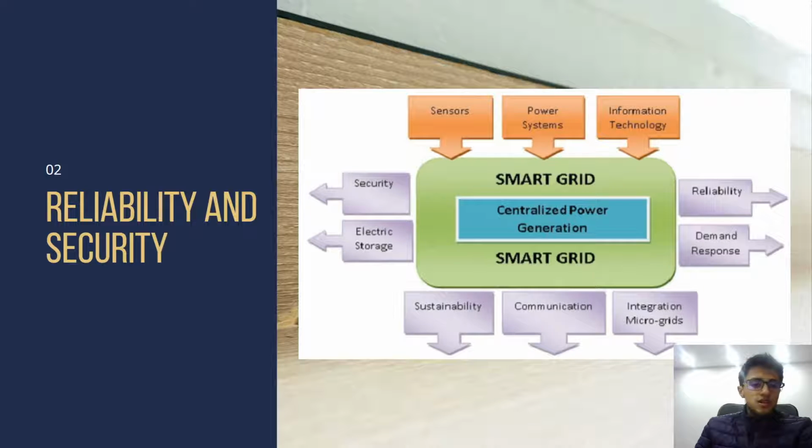The reliability and security. We have this basic schematic of a smart grid. A smart grid needs sensors, power systems, and information technology, and it has to bring security, electrical storage, communication, reliability, integration of microgrids, and others.